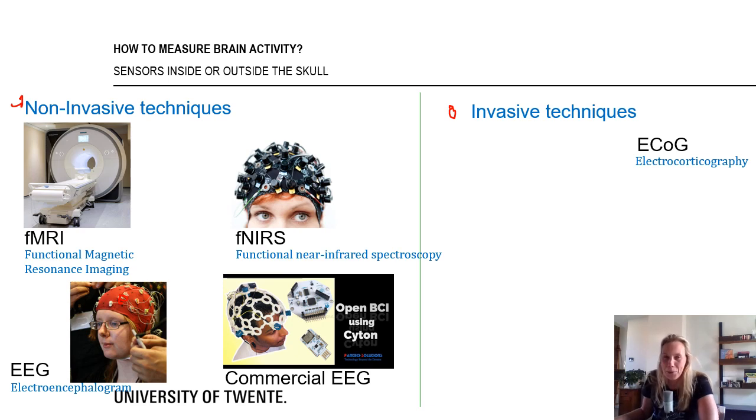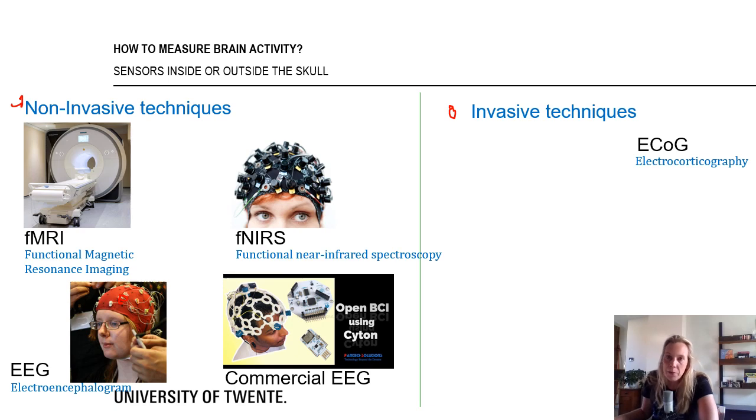It's a very difficult word, which also looks at the blood oxygenation level, but in a much cheaper way. So fNIRS is cheaper than fMRI because you need a very big and bulky equipment for this, which you place in a hospital. And this you can take to somebody's home, which has a lot of advantages.